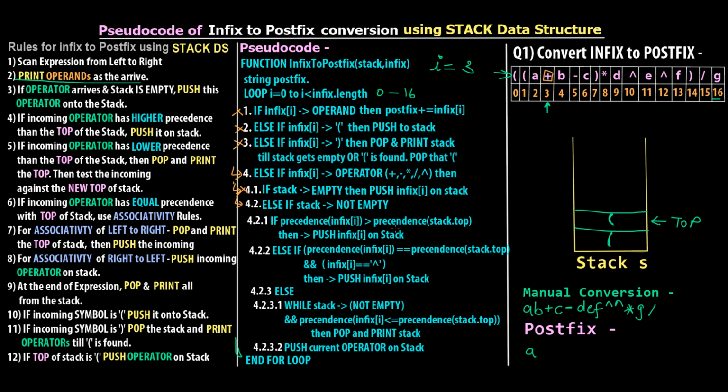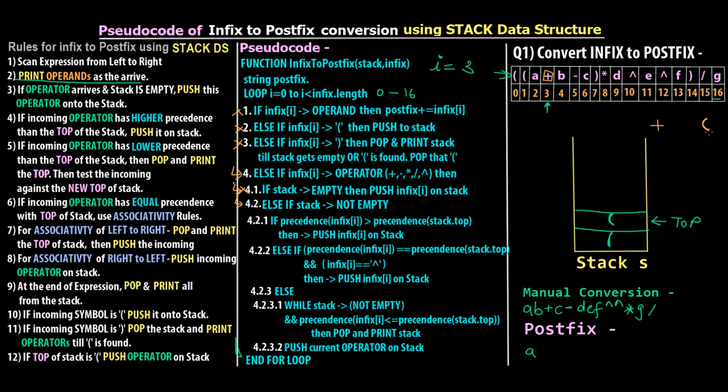Okay, so right now infix of I is plus. What is the top of the stack? Top of the stack is opening brackets. Now according to our rules, obviously we've seen in the theory part, in the rules part, that opening and closing brackets, that is the brackets, has the highest precedence, highest priority.